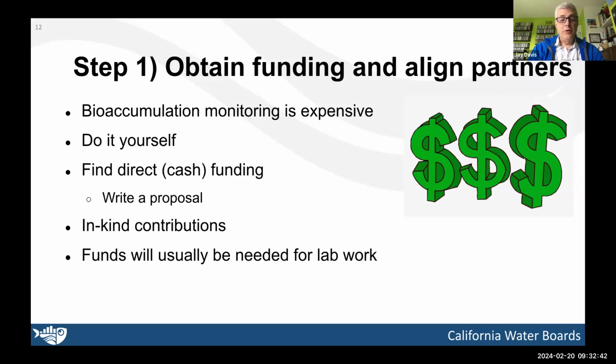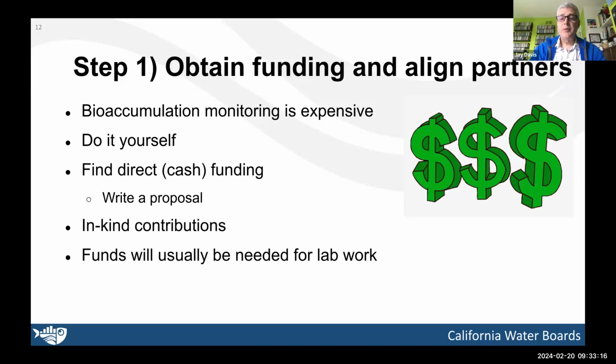So there's likely going to be the need for some direct cash funding, and I haven't done a lot of work with tribes or tribal governments, so I'm not that familiar with funding sources available to tribes, but often obtaining the funding entails writing a proposal to get funding. But in some way you will need some funding for the work. You can line up in-kind contributions.